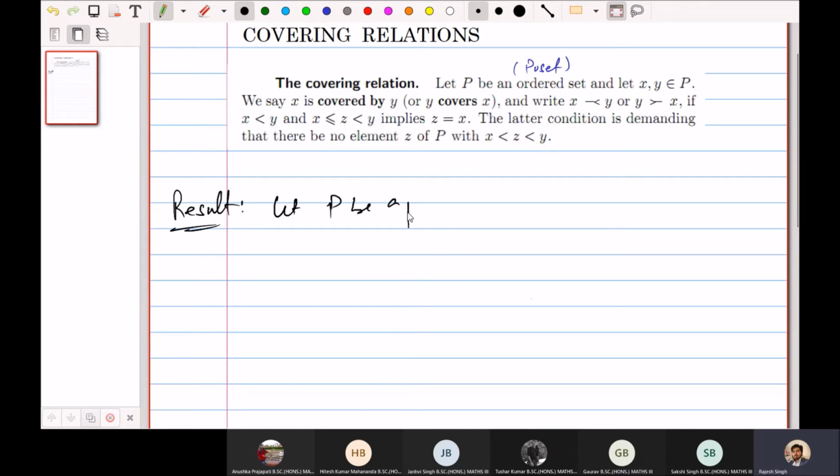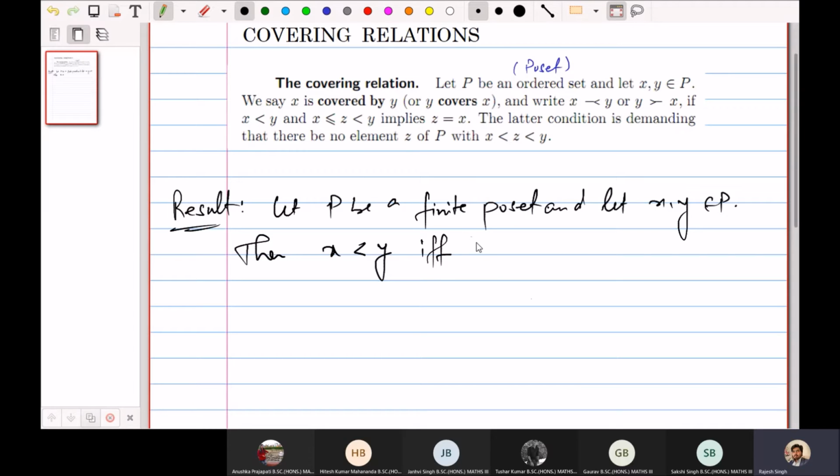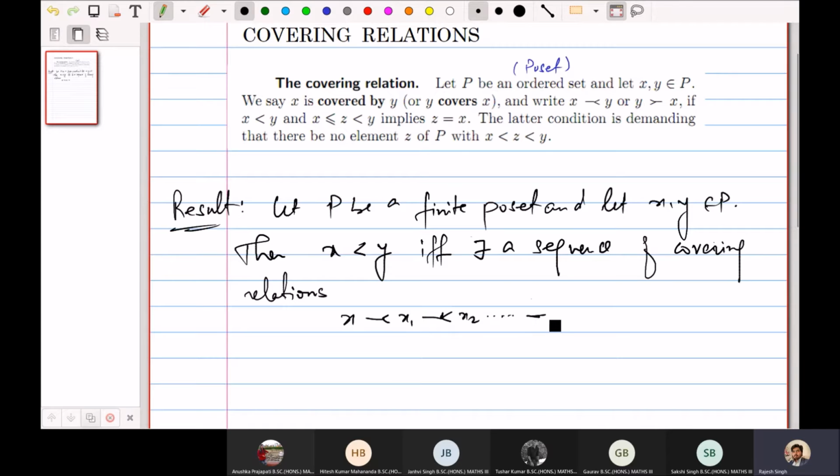Let P be a finite poset and let x, y belong to P. Then x is strictly less than y if and only if there exists a sequence of covering relations: x is covered by some x1, x1 is covered by some x2, and so on, then it is covered by some xn and this is covered by y.